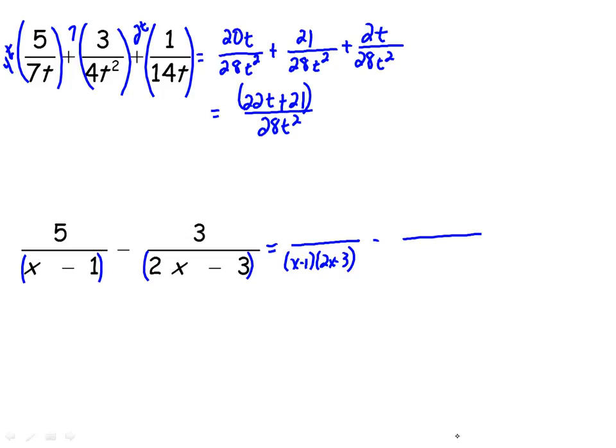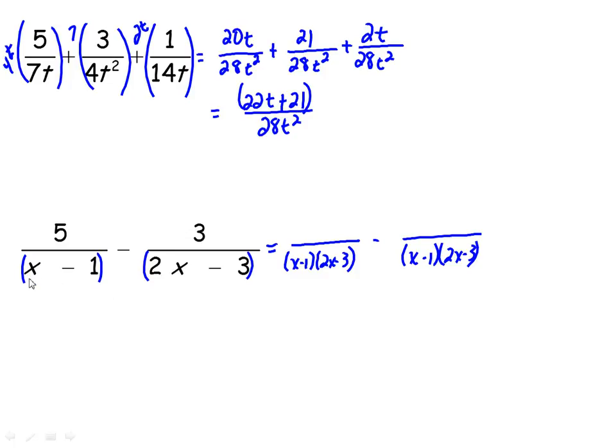Now, what we're going to do is make new fractions over that common denominator. So let me ask you the same question that we asked up here. You're going to multiply by what's different. What changed from 7t to 28t squared? And you said 4t. That's what's different, right? Look down here for this first fraction.